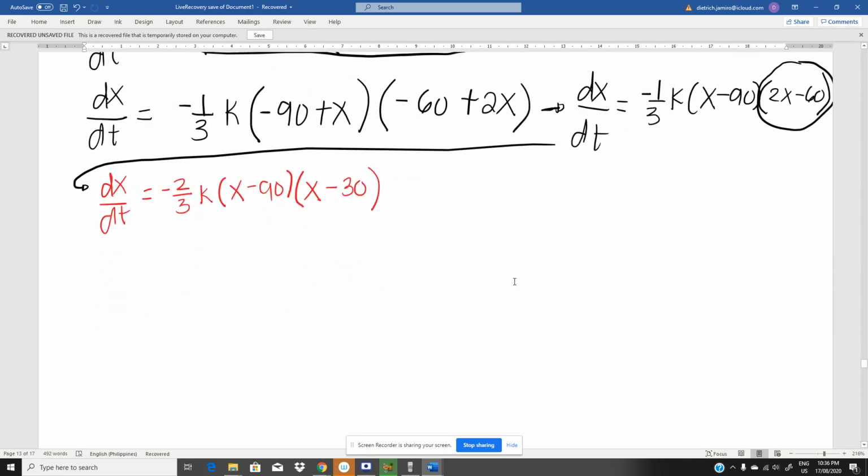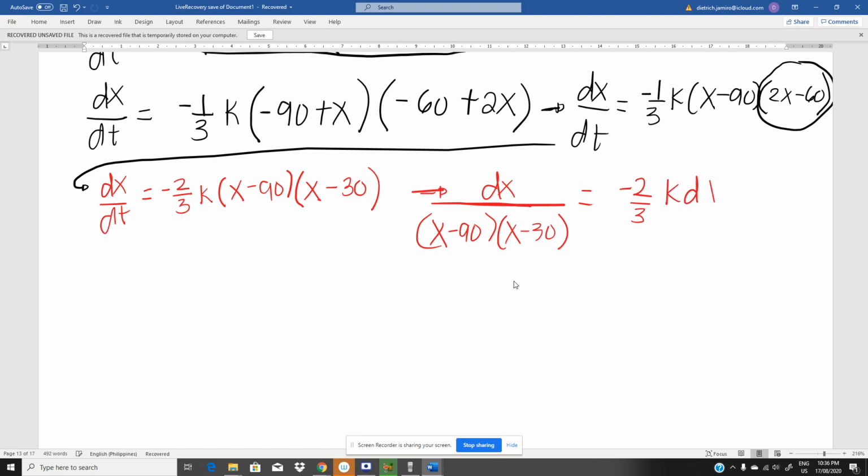So separating the variables, variable separable, we will have dx over (x minus 90)(x minus 30) is equal to negative 2/3 k dt.